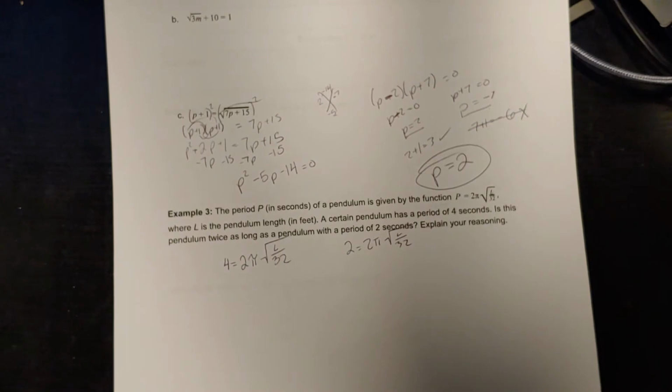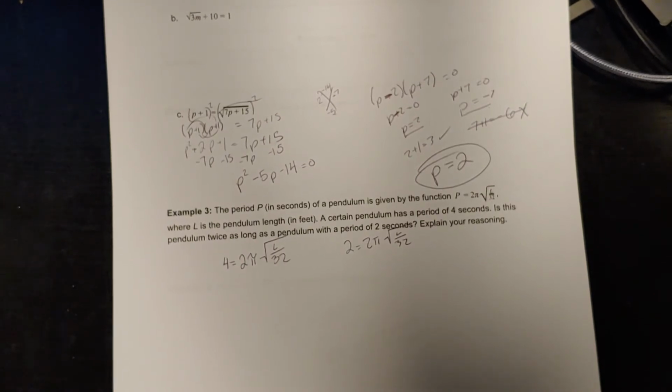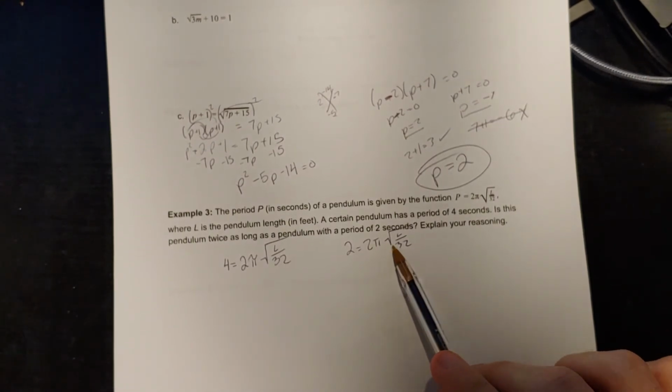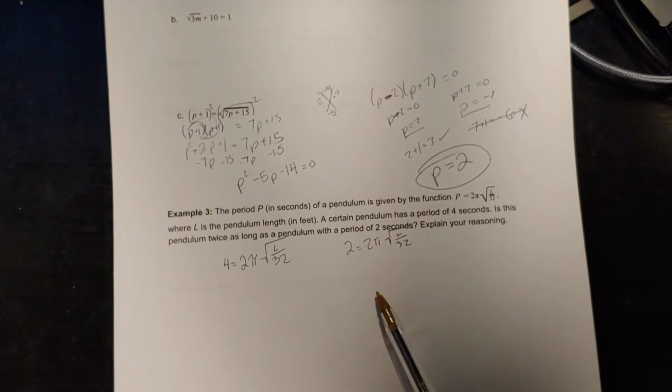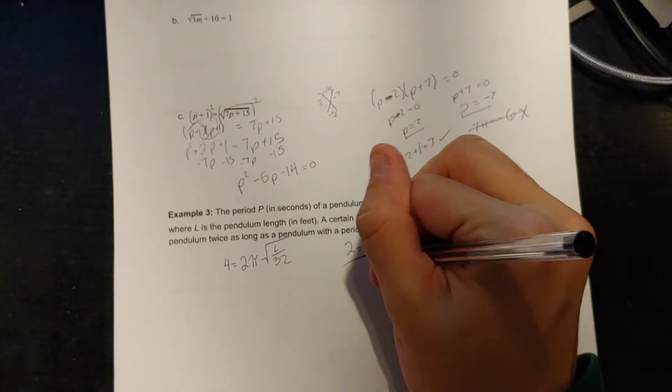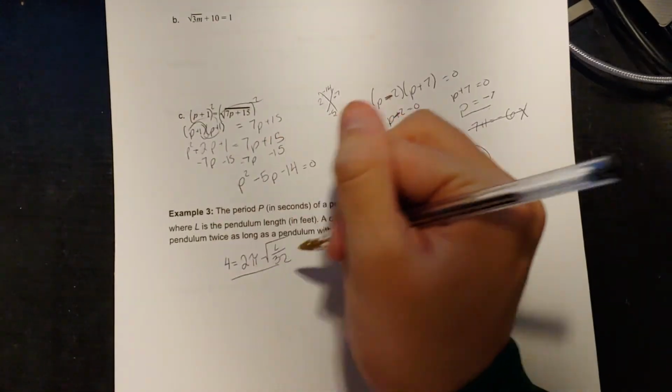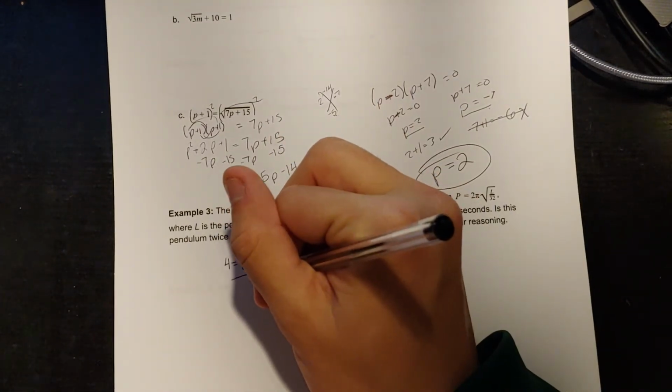Like I said before, we want to get rid of anything that's attached to the square root, and get the square root by itself. Because we're multiplying in both equations, I'm going to divide both sides by 2 pi in both equations.